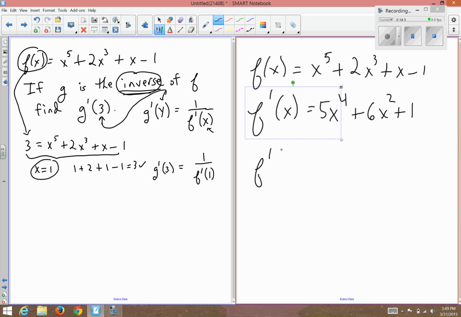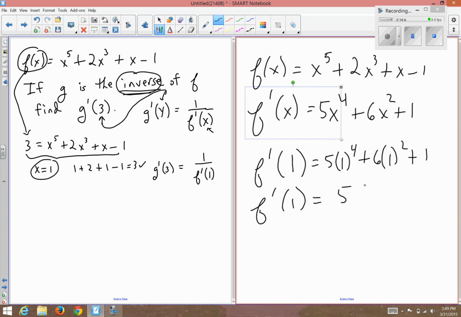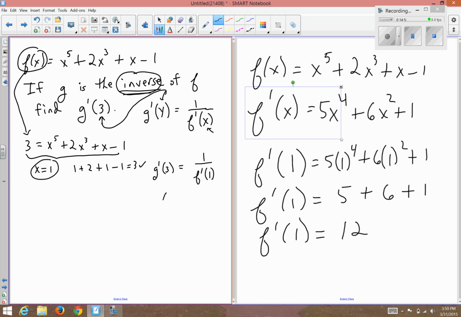The derivative when x is 1 is 5 times 1 to the fourth plus 6 times 1 squared plus 1, which is 5 plus 6 plus 1, which is 12.